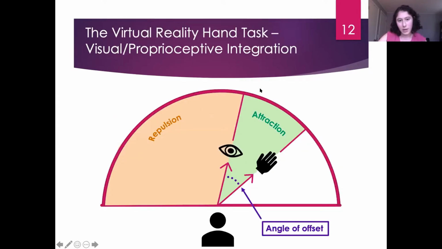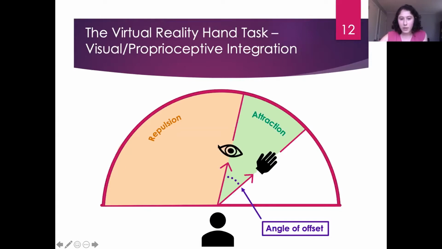So here we have kind of a top-down view of the experiment. So this line here represents the hand motion, so your hand moving the controller along that track. And this line here represents what the participant is seeing. So the really critical part of this task is this angle of offset. So we're able to make what the participant is seeing be different from what they're feeling.